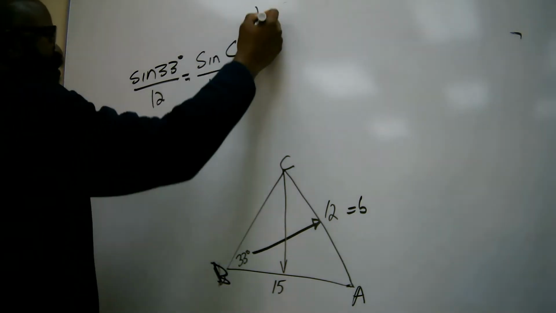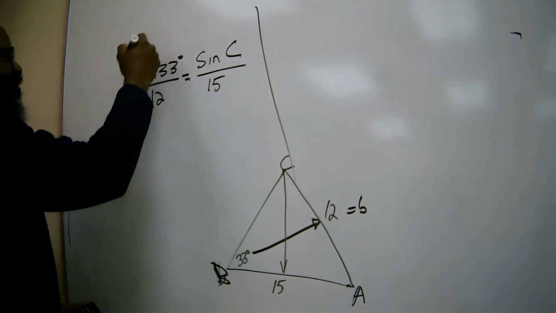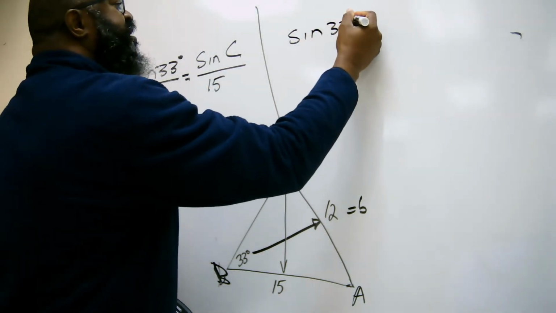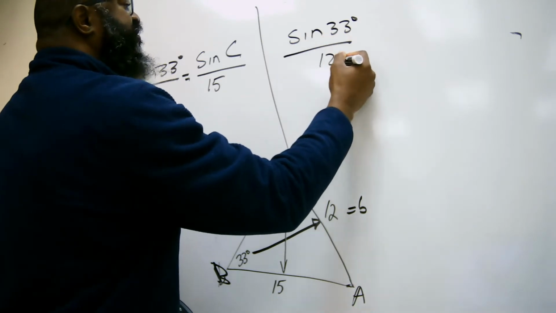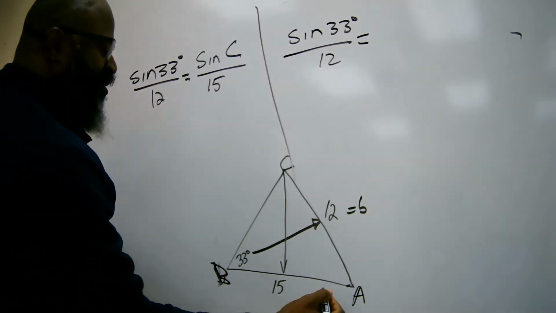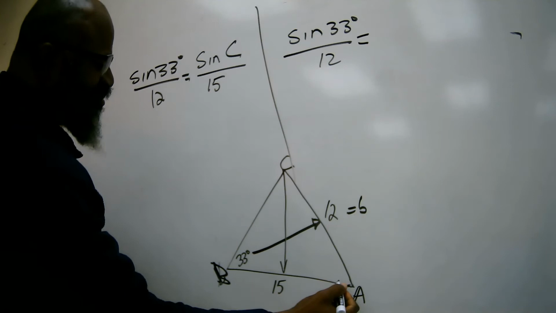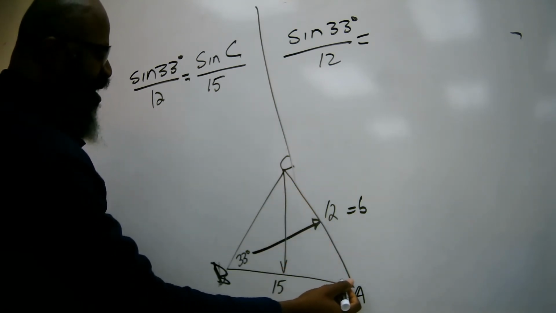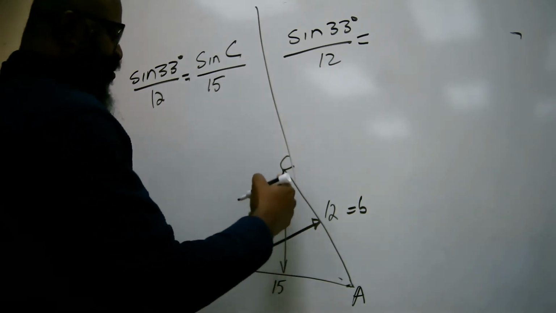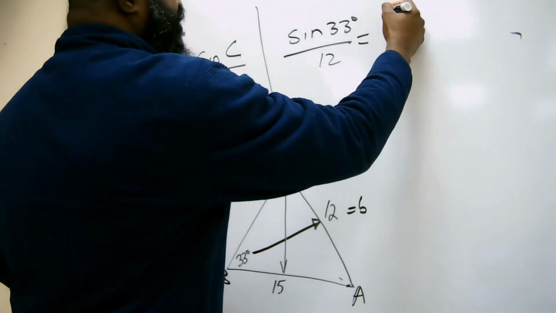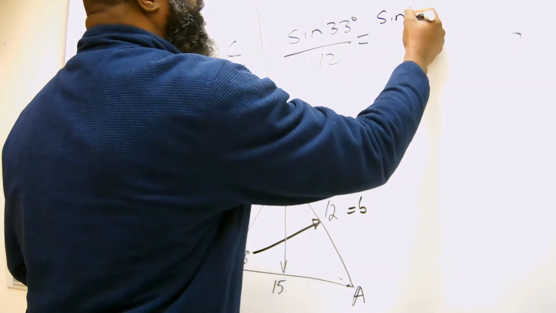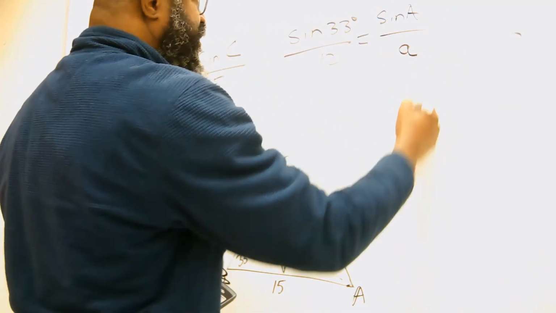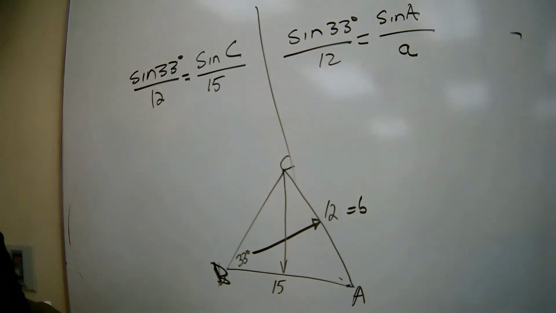The second equation, use your scale factor again, you can change it, which is sine of 33 over 12 is equal to, once we find this angle, then we will be able to find the third angle. Then that will be sine A, which we don't know, over little a. So we are waiting for some information.